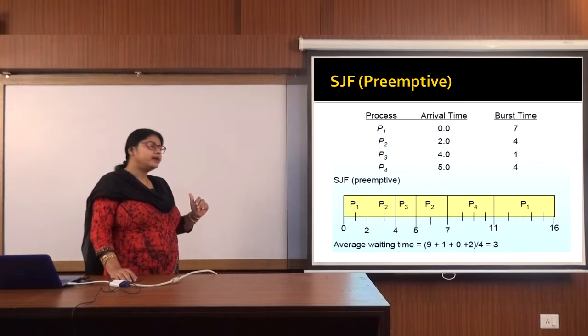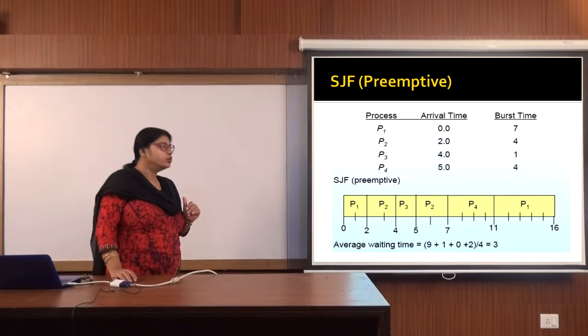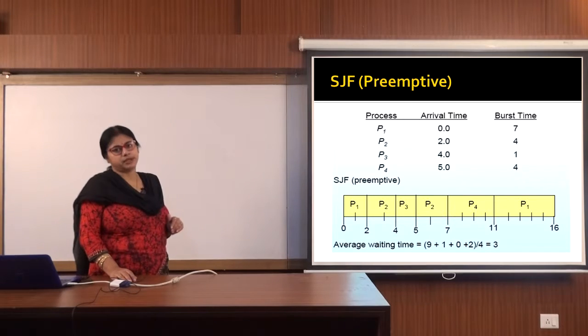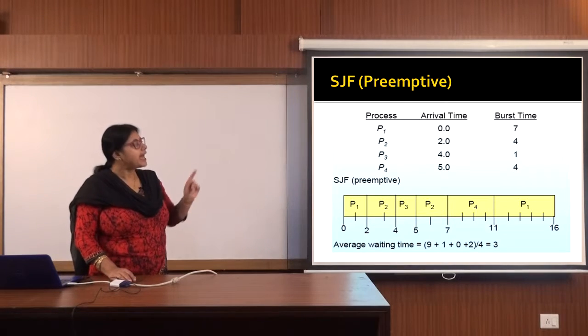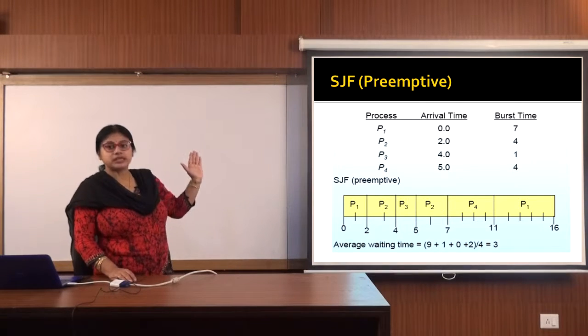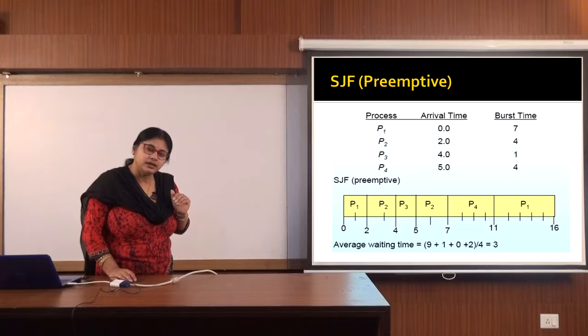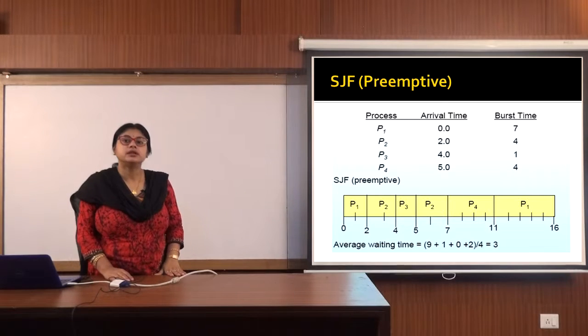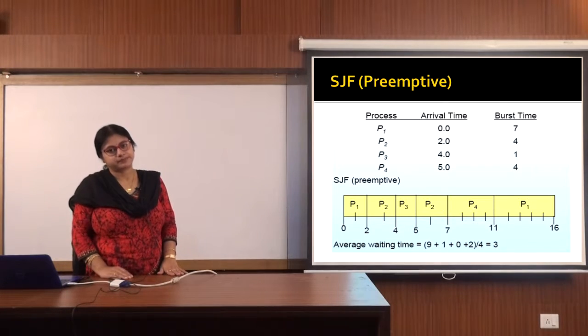It will again work inside the CPU till 4 millisecond time period, because at 4 millisecond time period, you see in the example P3's arrival time is 4 millisecond. So P3 arrived with just 1 millisecond burst time.